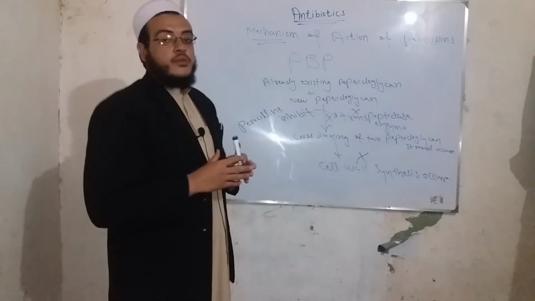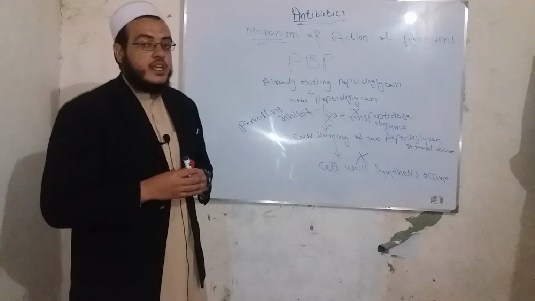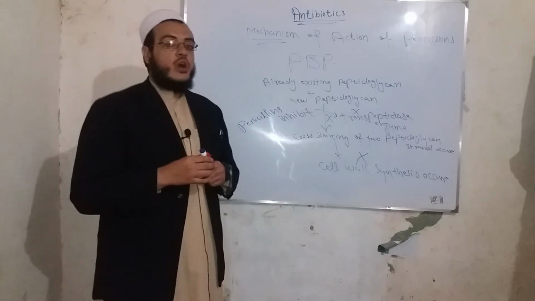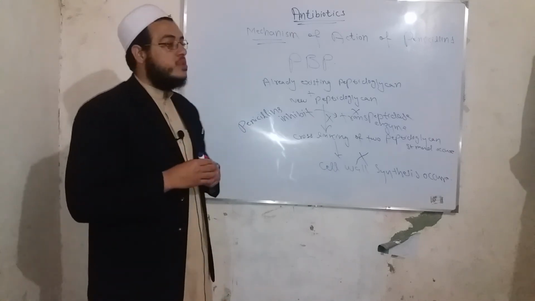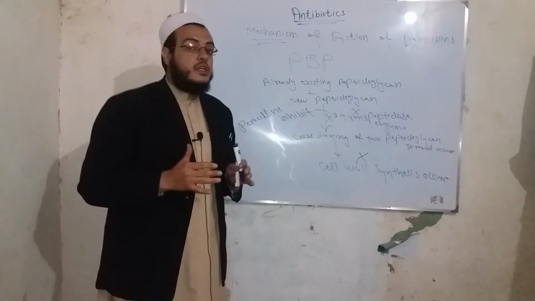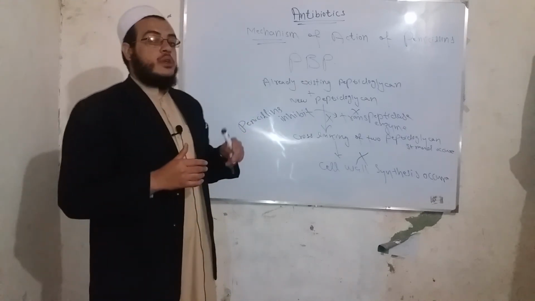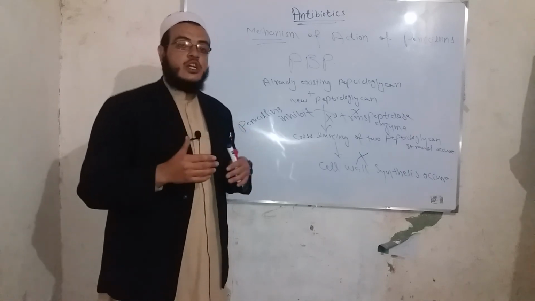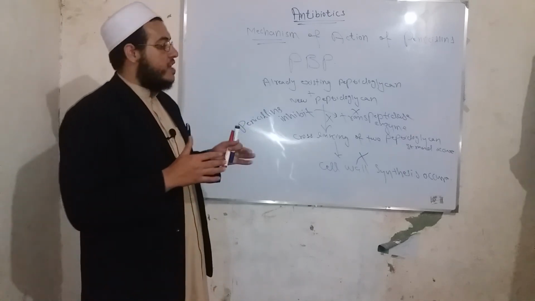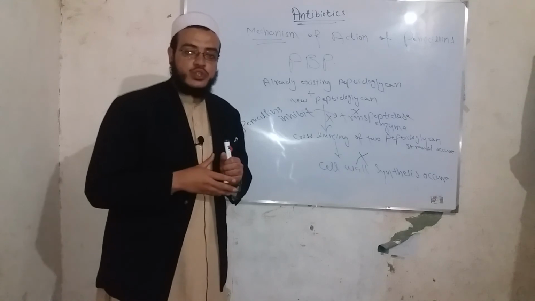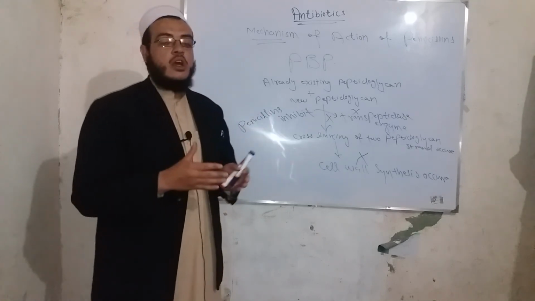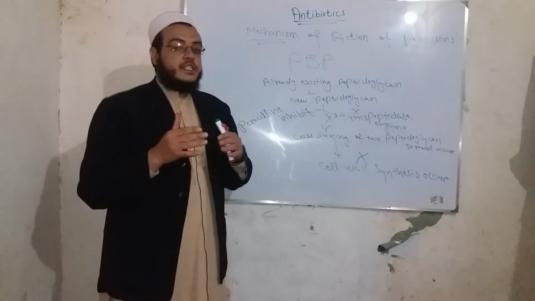For this reason, penicillins are regarded as bactericidal and they work in a time-dependent fashion. Penicillin inhibits the bacterial cell wall, so automatically the bacterial cell will die. There are two types of antibiotics. One is bacteriostatic and another is bactericidal.